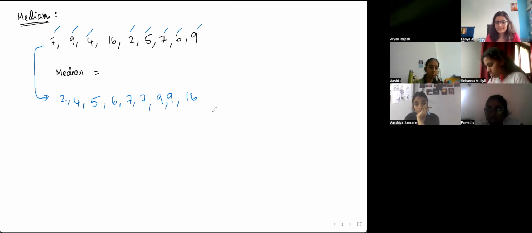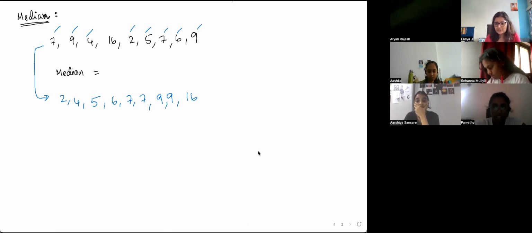Otherwise, tell me. Sujal, the median is the most occurring number, right? No, Aryan, that is the mode. Oh yes, ma'am. Maximum frequency, that is the mode. Median क्या होता है? Like 7. It's like the number that just comes between the table.